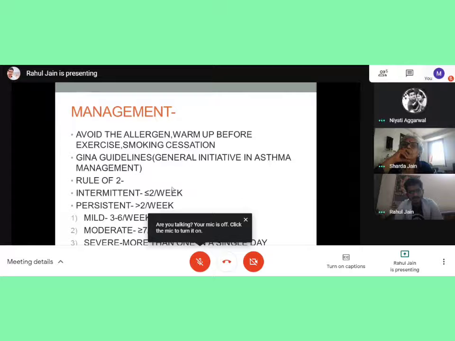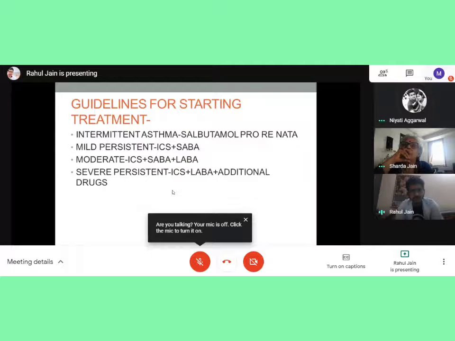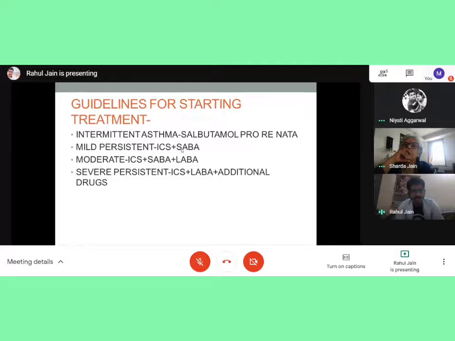The better strategy is just to give it whenever they're symptomatic, and ask them to avoid the allergen and all those things. So for intermittent asthma, salbutamol is prescribed only. A salbutamol inhaler is available under brand names, and also by the generic name. Then mild persistent asthma.